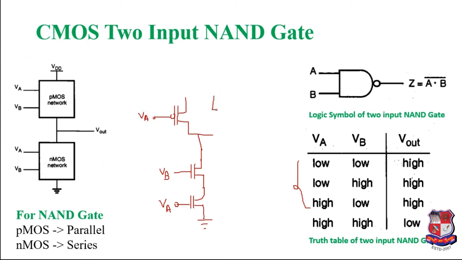Another PMOS transistor, this is VB, and here we will give a supply VDD. And finally Vout over here.